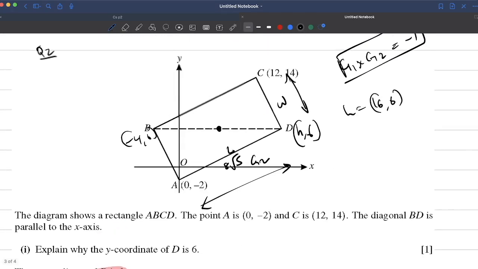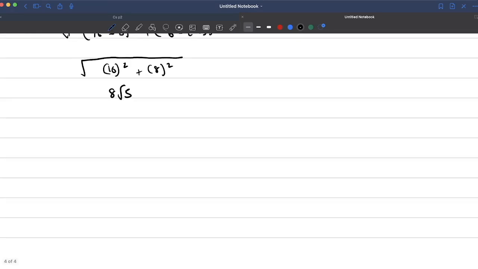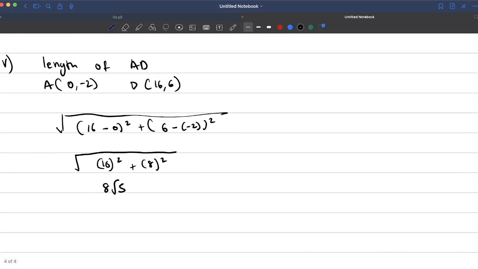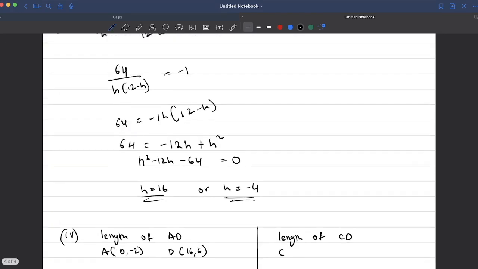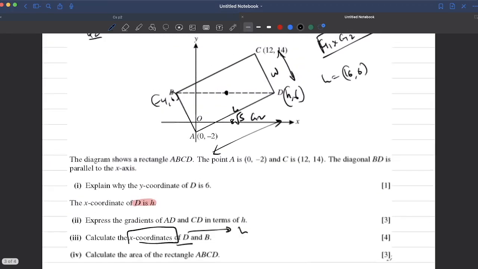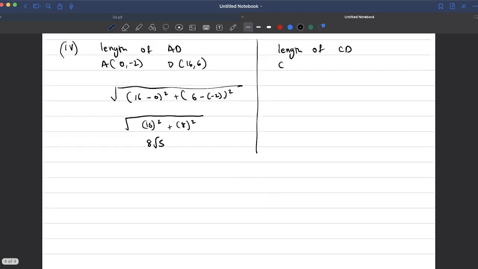Now I need to find the length of this other side, the length of CD. The coordinates of C were (12, 14).